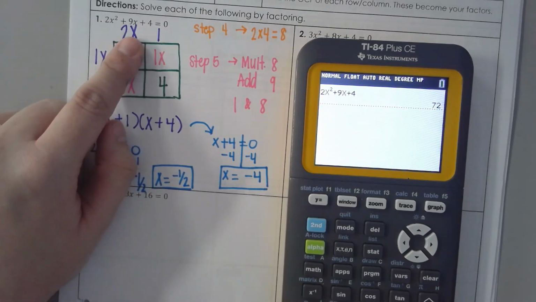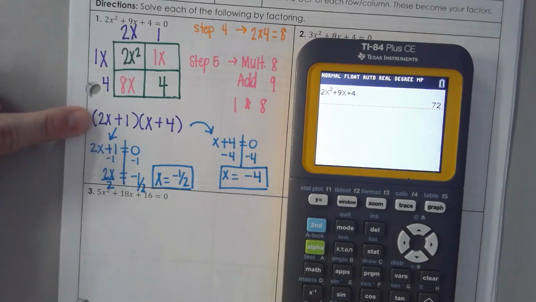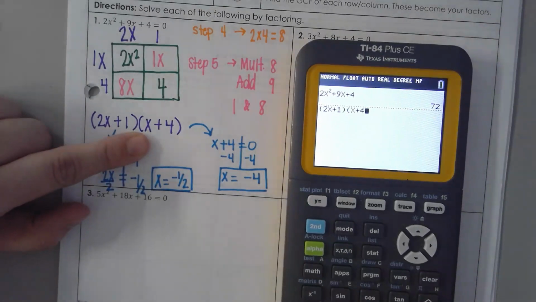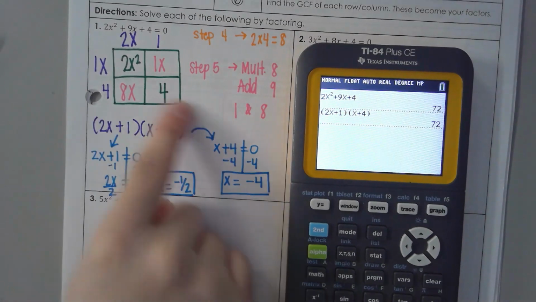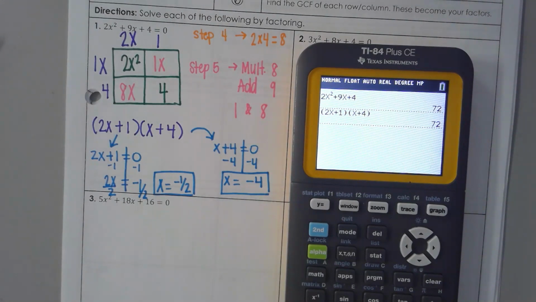It just depends on what was stored for the x. And then type in these factors. Parentheses, 2x plus 1. So much going on. Parentheses, x plus 4. If those numbers match, then I knew that when I got to this step, I had done everything correctly. It didn't take me long. It did not even take me a minute, and I could probably do it a lot faster if I wasn't talking through it. I cannot do this fast.